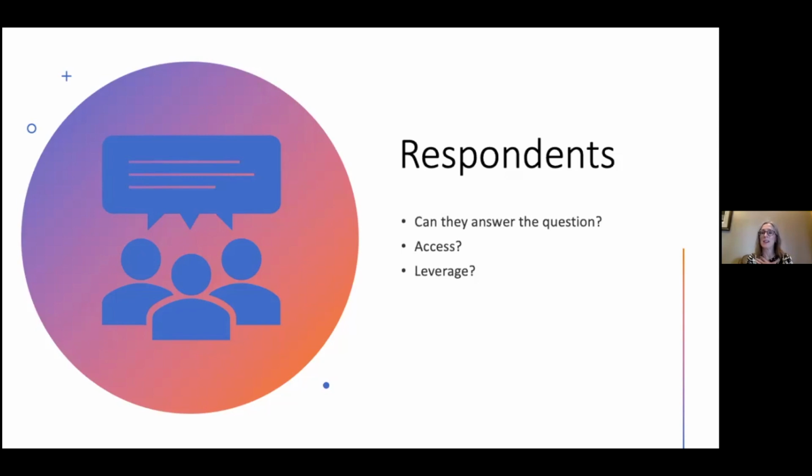And then when they send that survey out, am I the respondent? Do they ask me how many residents are in my program to know what the denominator is? So you really have to know that the person you are sending the survey to is able to answer the question. If we send a survey to the entire faculty about promotion, good idea, bad idea? They want to know about the promotion process.